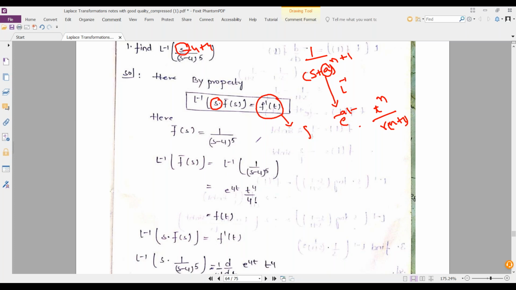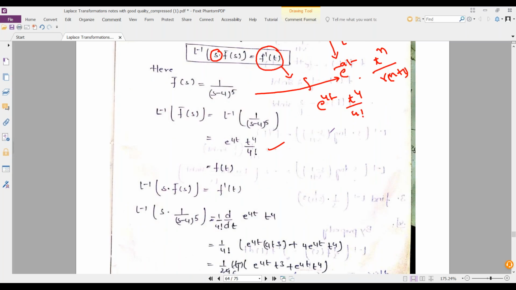So based on this logic, what can I write? e power 4t times t power 4 by 4 factorial, the reason being it is an integer. Now this is taken as f(t).